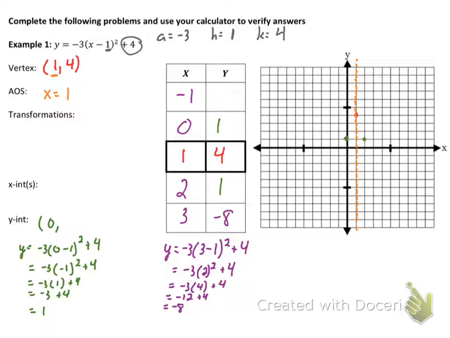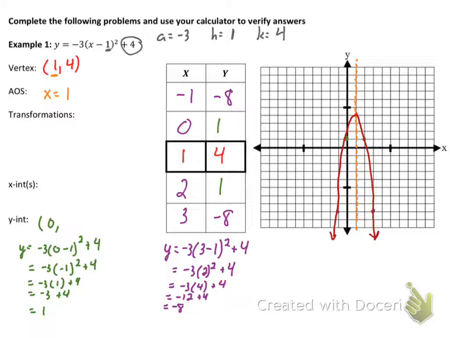So if I plug in 3, I'm going to get out -8. Similarly, with symmetry, if I plug in -1, I'm going to get out -8. To finish this out, I'm just going to connect the dots with a nice smooth curve. I got a little wonky on the left side, but that's okay. All right, going through those 5 points.